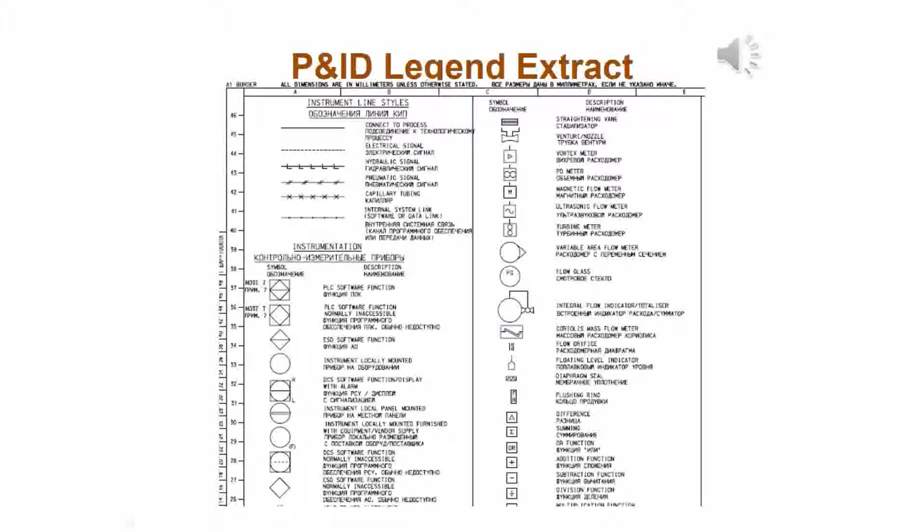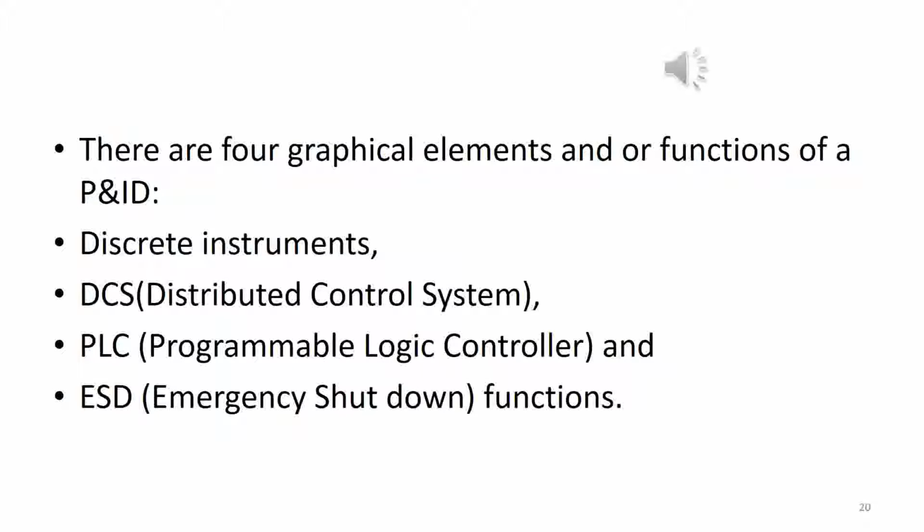Here are some extracts of a legend. There are 4 graphical elements and/or functions of a PID: discrete instruments, DCS distributed control system functions, PLC programmable logic controller functions, and ESD emergency shutdown functions.